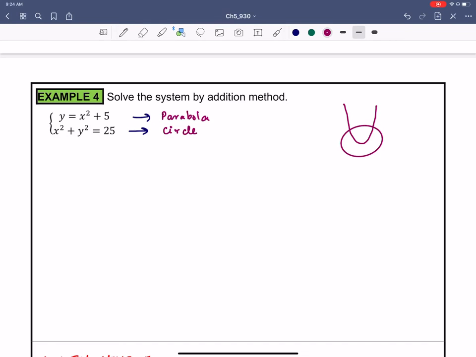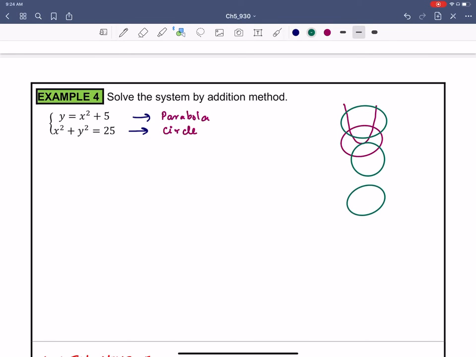You may have a case like this, assume it's a circle, or you may have a case like this, or a case like this. So you may have 2 solutions, 4 solutions, or 1 solution, or no solutions at all.